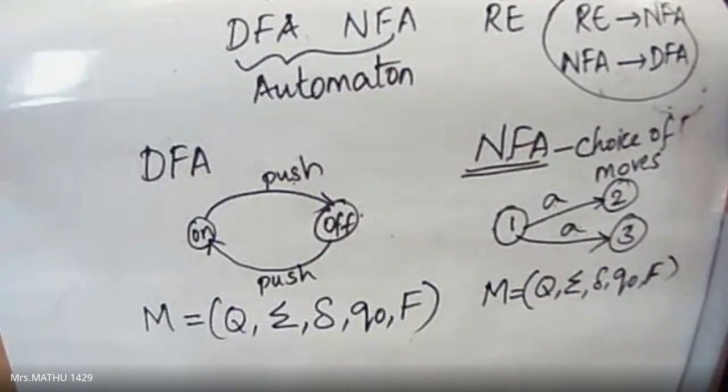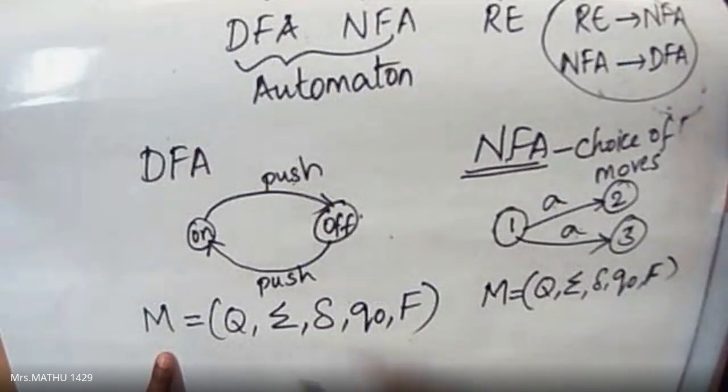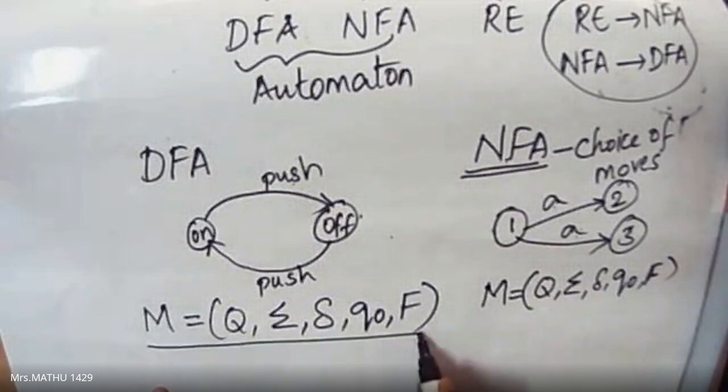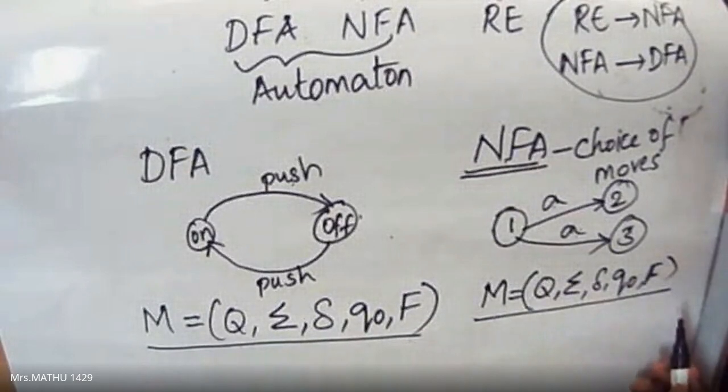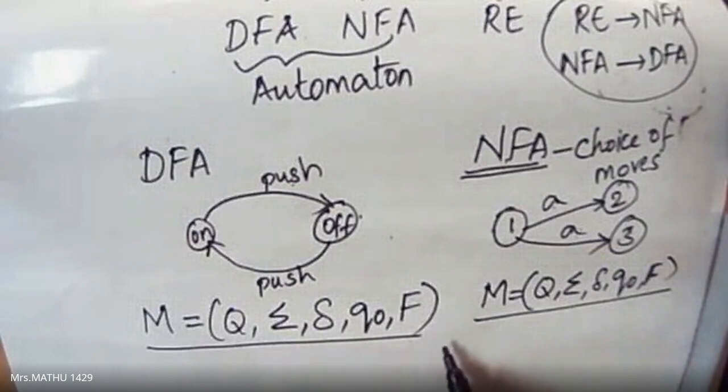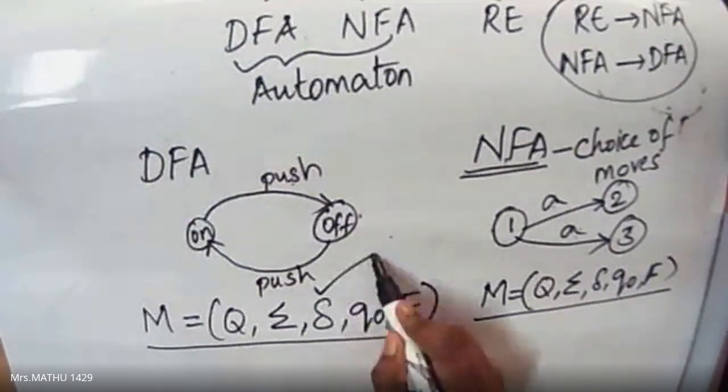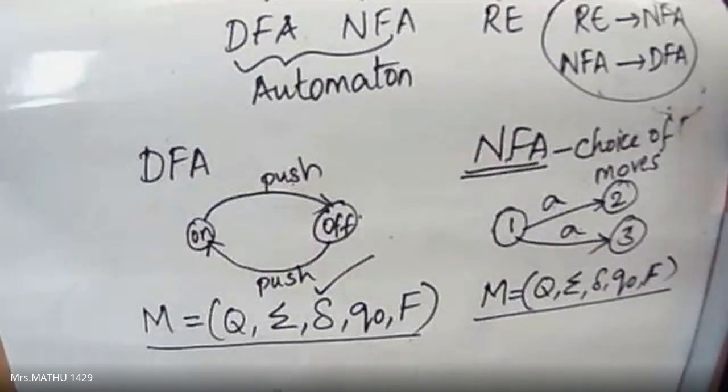Now DFA and NFA are both represented using the quintuple, the same kind of elements, but the difference lies in the transition function. Let me tell you what this Q, sigma and so on are.